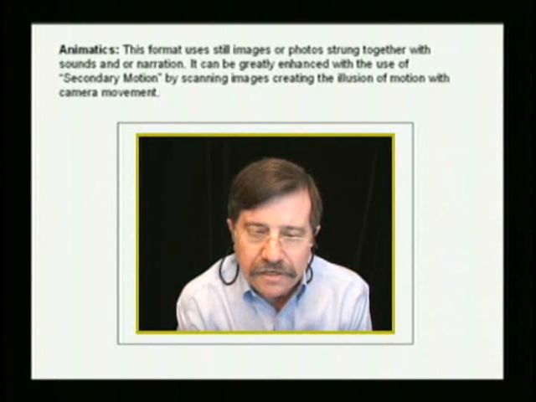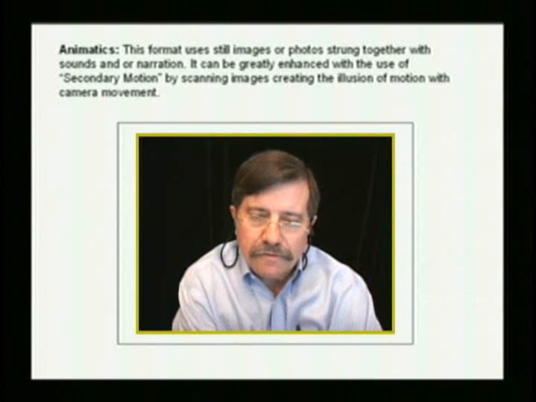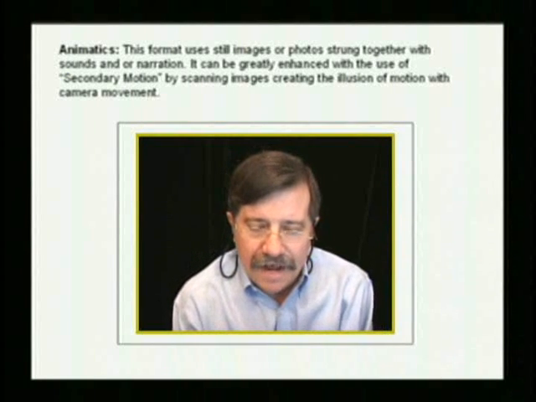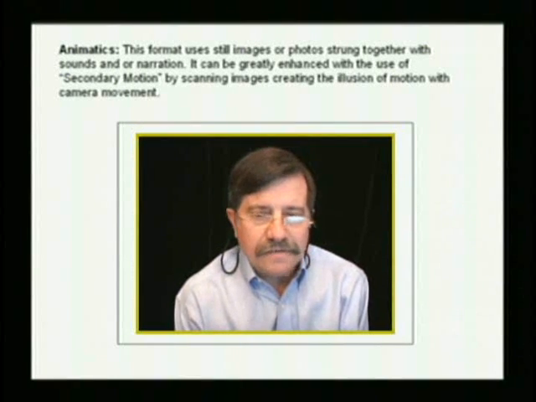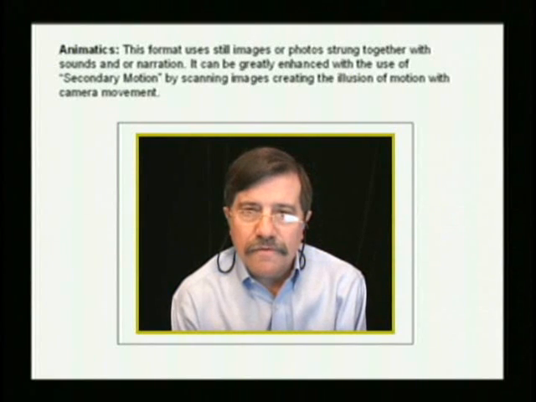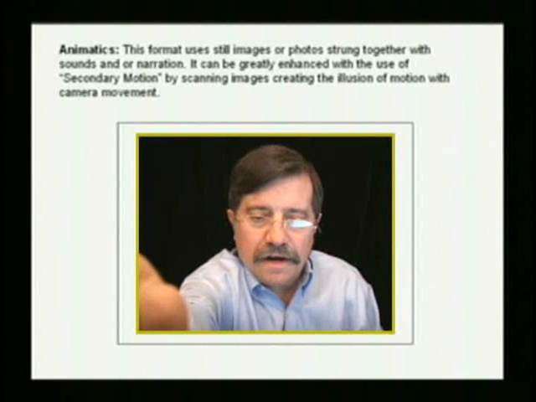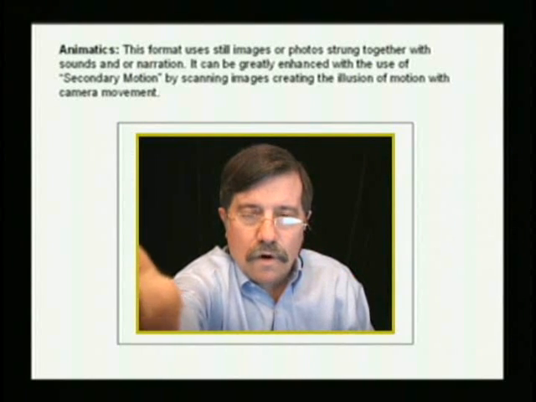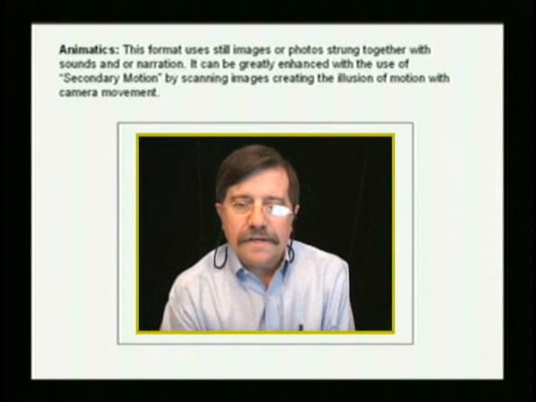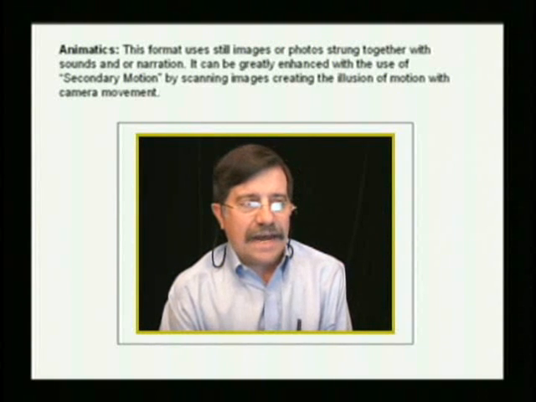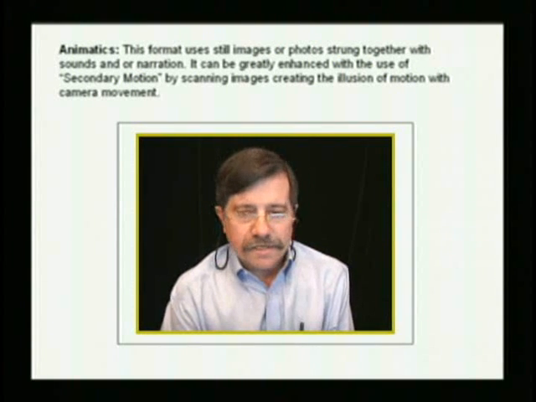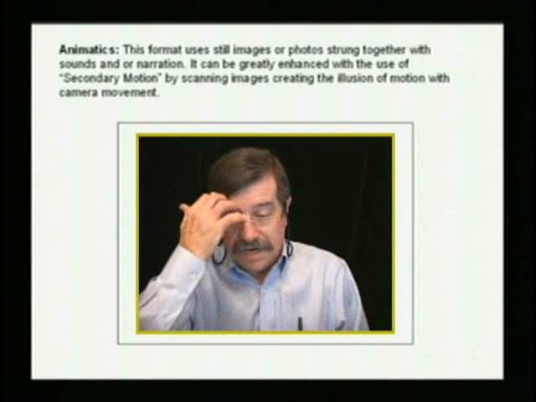In animation, it was pure tertiary motion. It was purely a matter of the editing. But in the case of animatics, you literally move the camera, just like I can move the camera here. By moving the camera across a still image, you can create the illusion that you were actually scanning a real scenario. And I'm going to show you some examples.